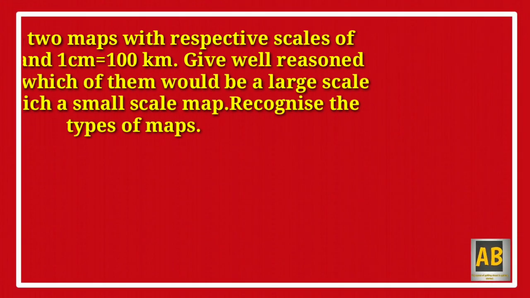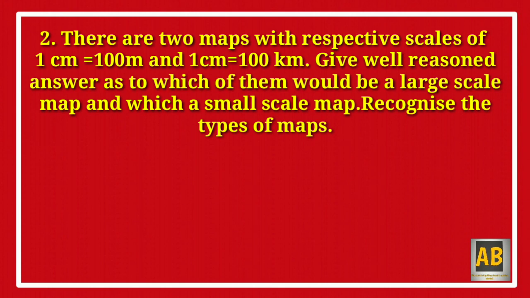There are two maps with respective scales of 1 centimeter is equal to 100 meter and 1 centimeter is equal to 100 kilometer. Give a well-reasoned answer as to which of them would be a large scale map and which a small scale map. Recognize the types of maps.